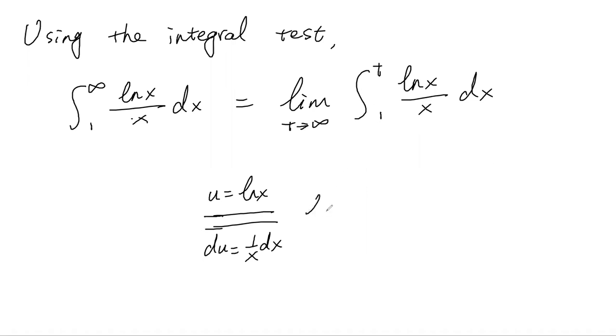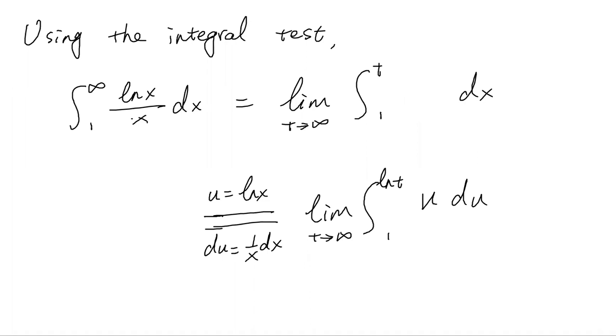Then this becomes the limit as t approaches infinity of the integral from 1 to natural log of t of u du, because you can consider this as natural log of x times 1 over x dx. So in u substitution, this is u and this is du.